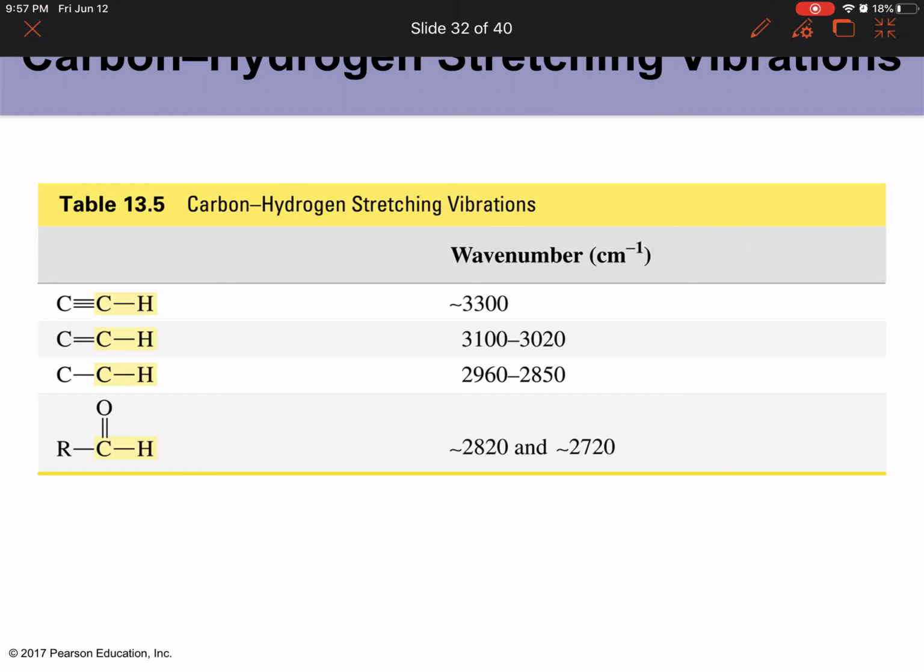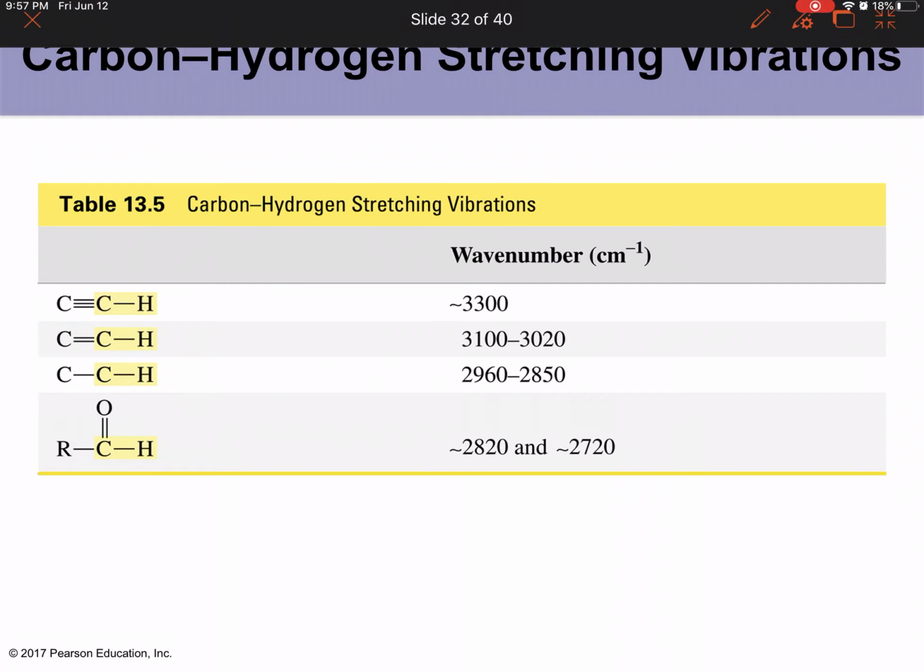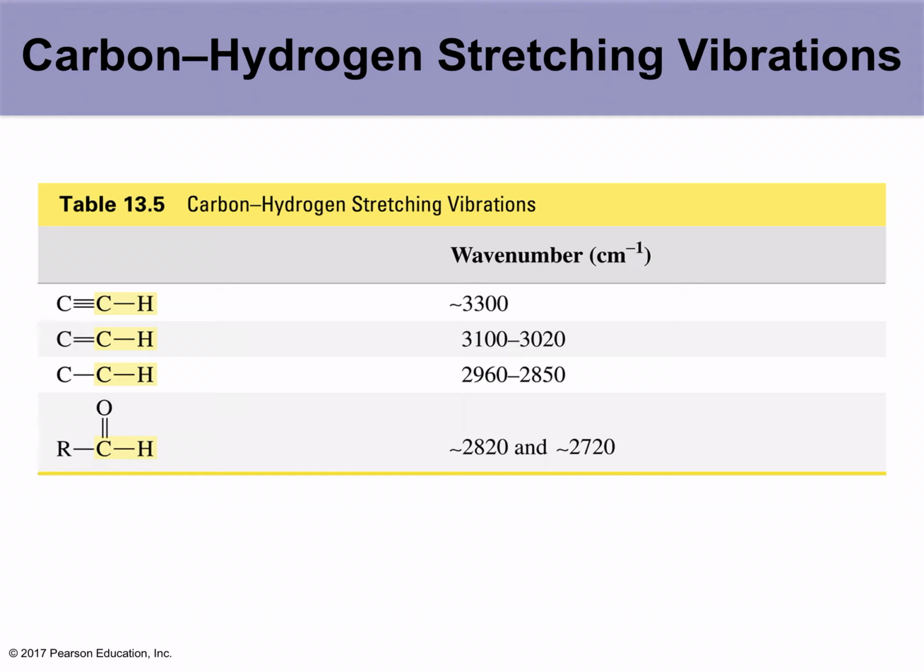Hi everyone, hi again. Now in this section we're going to learn about carbon-hydrogen stretching vibrations, where the hydrogens are attached to different carbons. In this case, we are looking at the carbon-hydrogen stretching frequency attached to an sp carbon, a triple bond carbon.